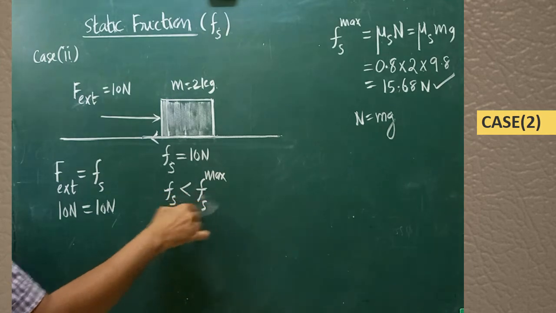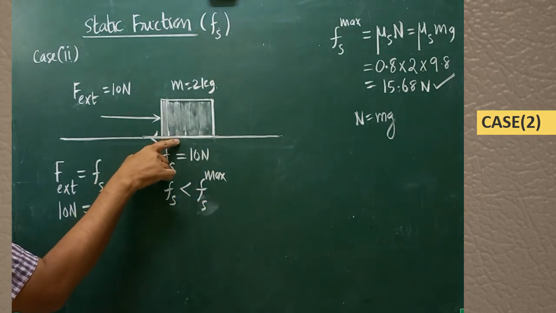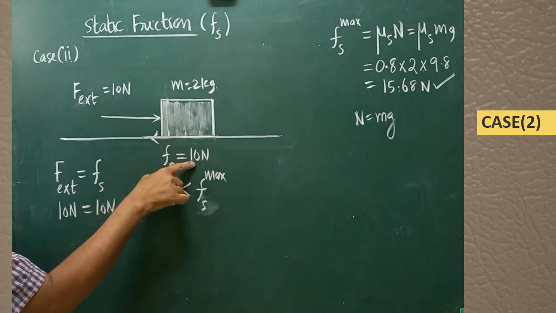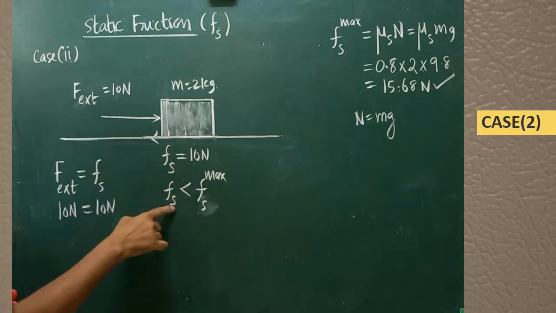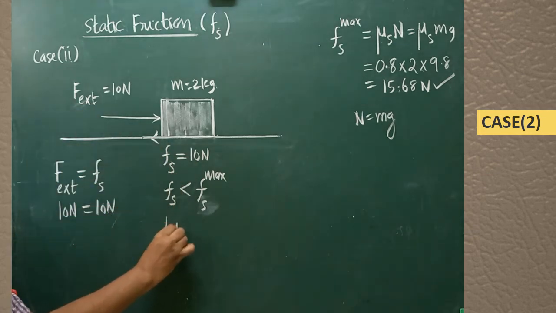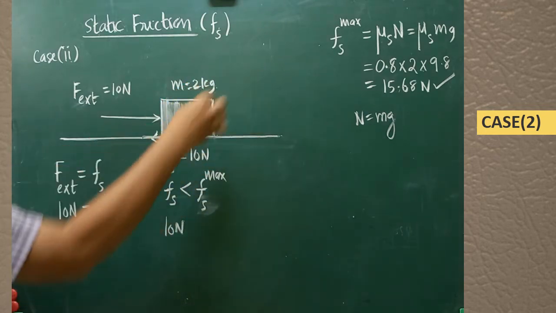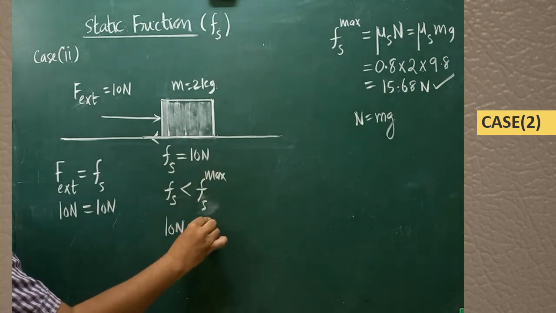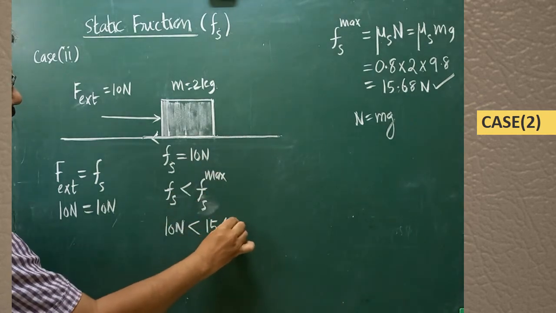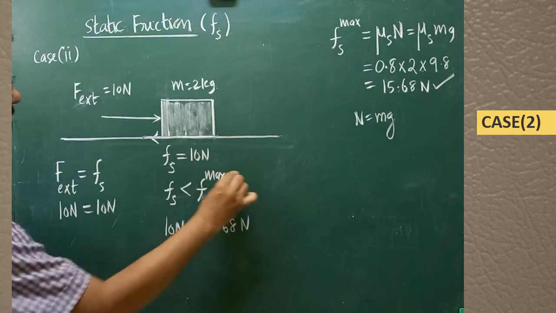This is a very important condition. Some amount of frictional force is acting, its value is 10 Newton, equal to F external. But 10 Newton is lesser than the maximum frictional force, which was already calculated as 15.68 Newton.